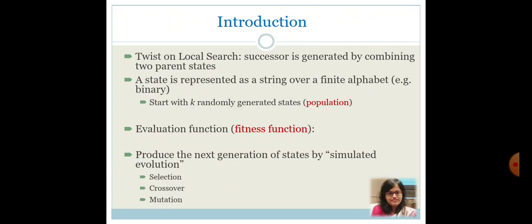Initially, we'll be starting with k randomly generated states. For each state, its evaluation or fitness function needs to be calculated. And to produce the next generation of states by simulated evolution, three major techniques are used, named selection, crossover and mutation.